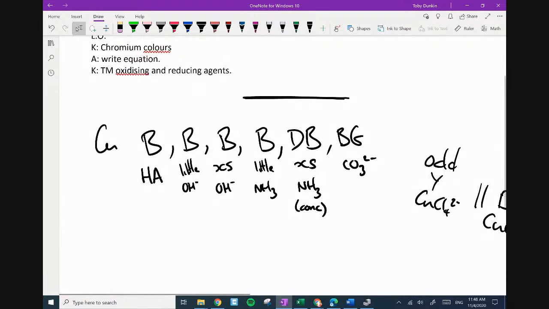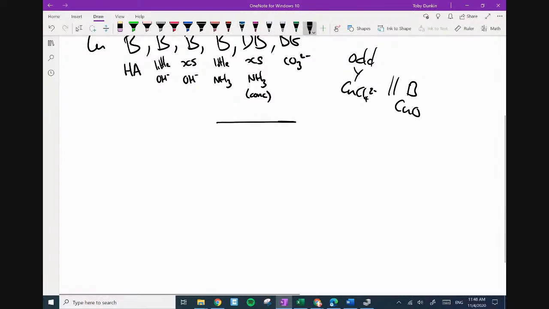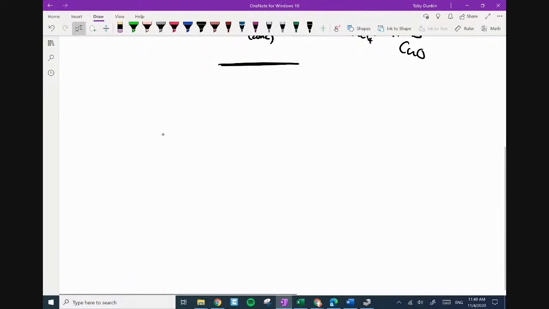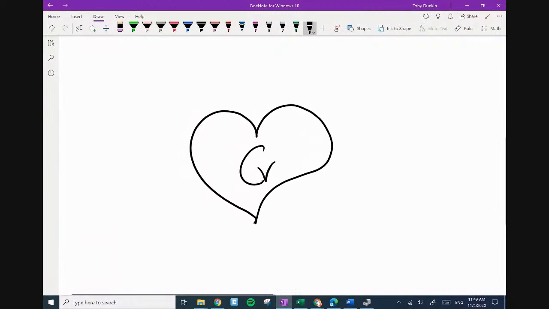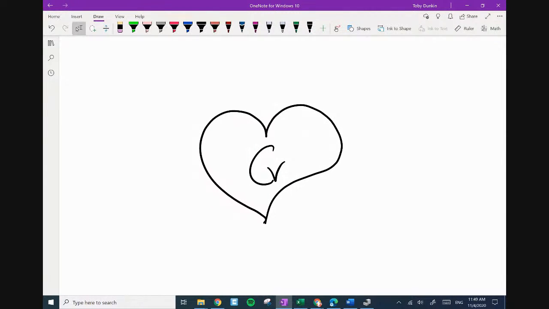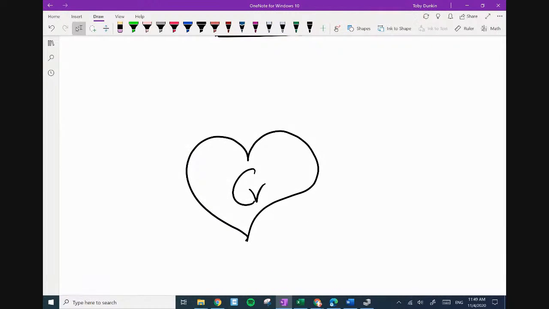Now we need to look at this from chromium's perspective. Okay, so chromium. Now I'm actually going to do this in a slightly different fashion. So we love chromium metal. So we're going to look at chromium today. Now, the first thing I want to do is talk to you guys a little bit about, because we talked about the anhydrous salts.